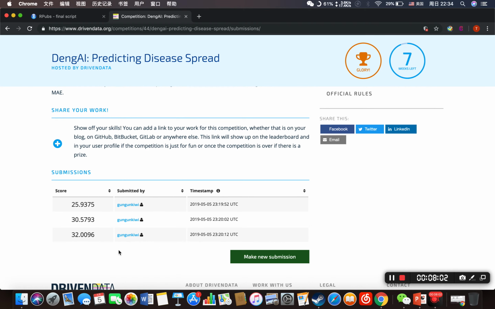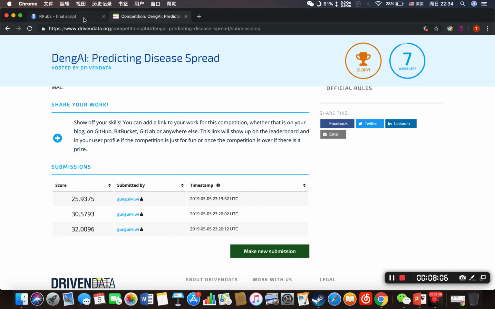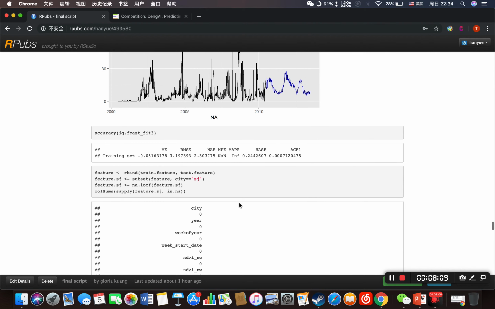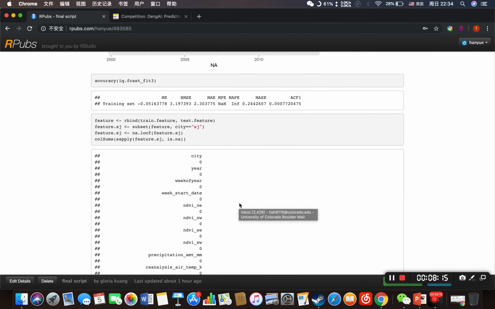I don't know why it comes to this situation, but I believe there's something wrong with my data analysis, because after I submitted my work, I realized that there are some seasonal patterns. There are no obvious seasonal patterns in our historical data of total cases, but there are seasonal patterns in the climate indicators. That's the thing that I had ignored before.